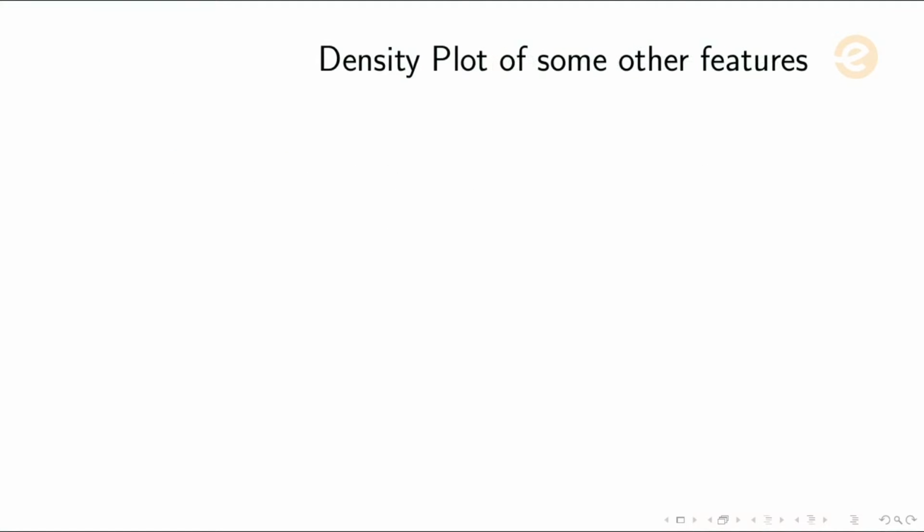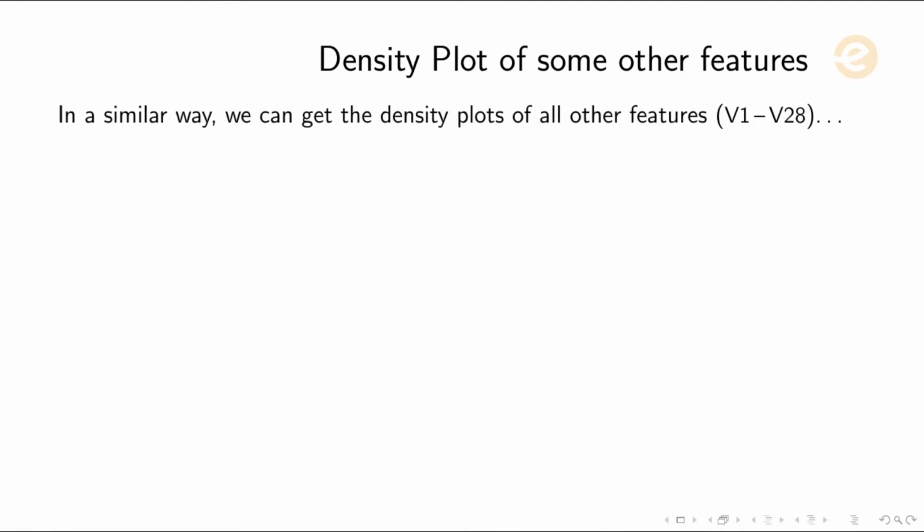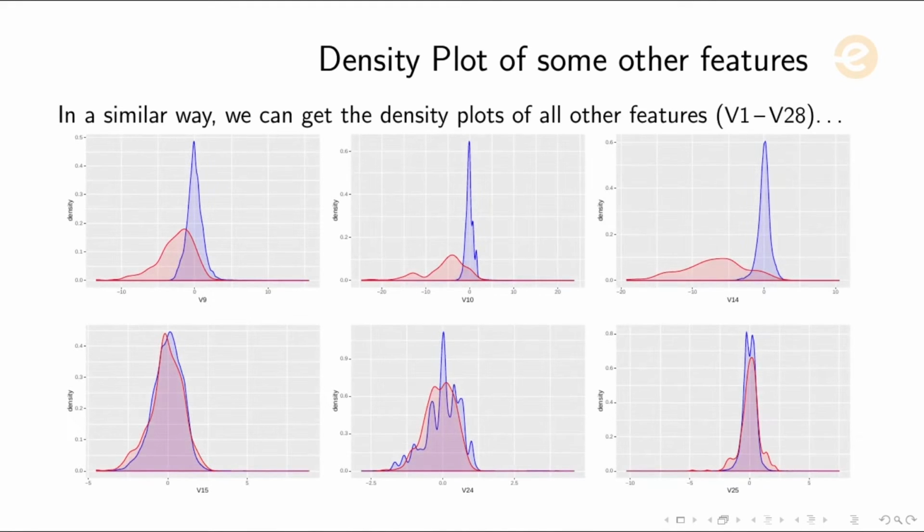The same thing that we did, we can just replace the time or amount by the other features V1 to V28, and I just took 6 features at random and plotted the densities for V9, V10, V14, V15, V24, V25.